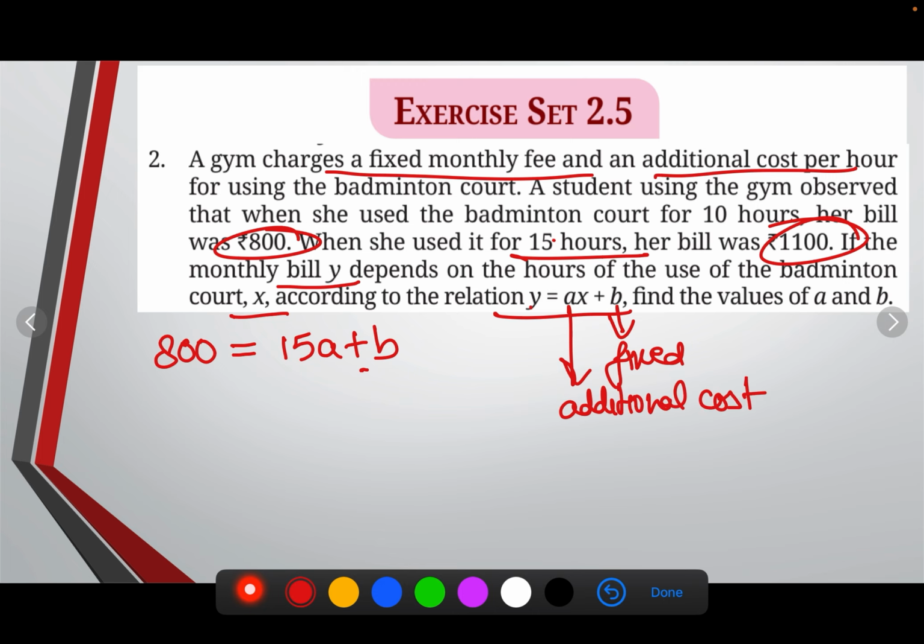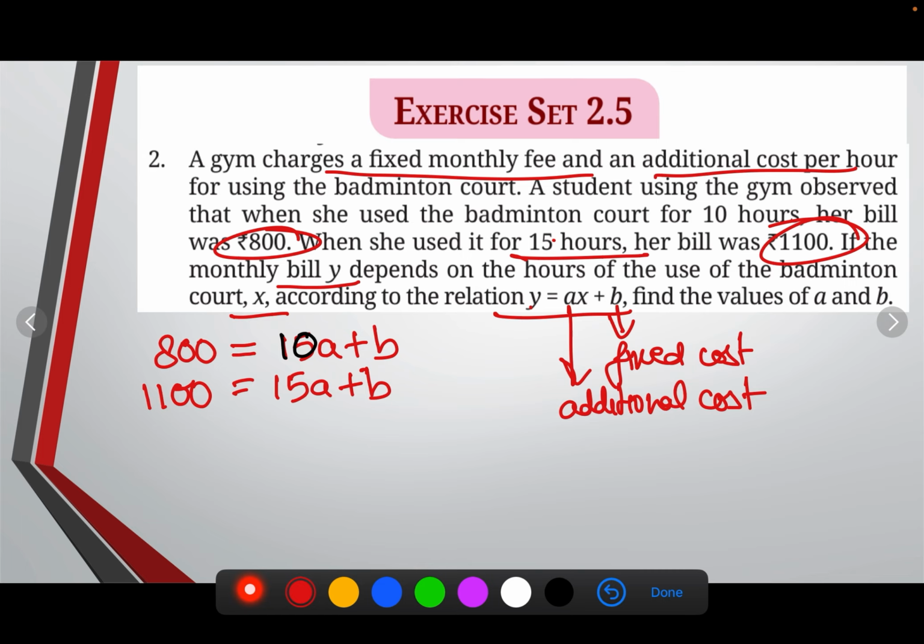So this is fixed cost and this is additional cost. Situation 2, 1100, it is 15 hours. So 800 equals 10A plus B, and here 1100 equals 15A plus B. Now I have to solve.